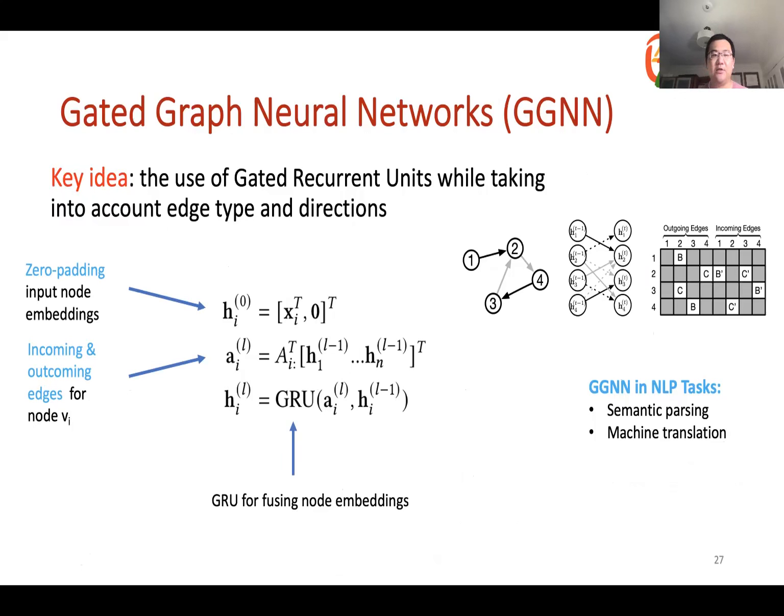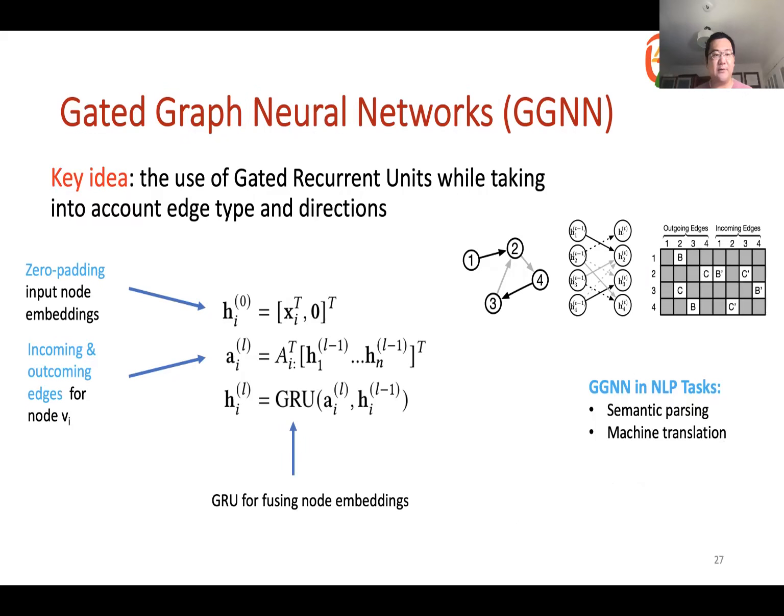Okay, finally, the last group is called gated graph neural networks. The key idea here is to use a gated recurrent unit while taking into account the edge type and direction. This method is a little bit special because it can consider directed graphs, and it considers both incoming and outgoing edges.